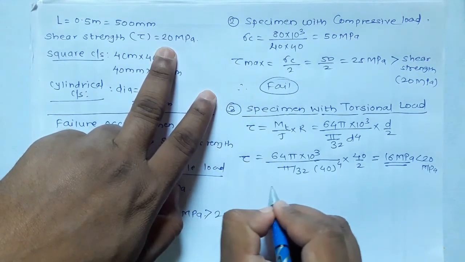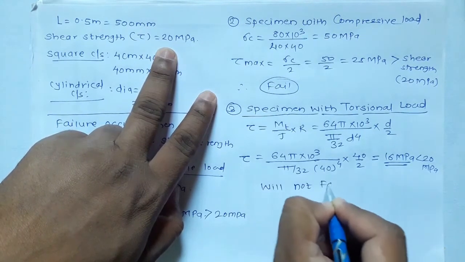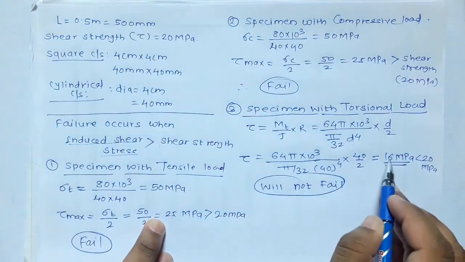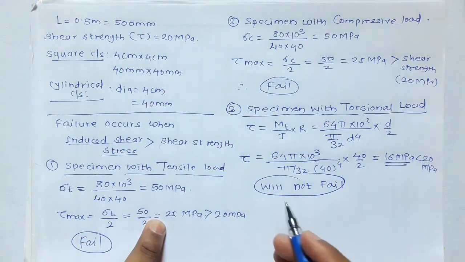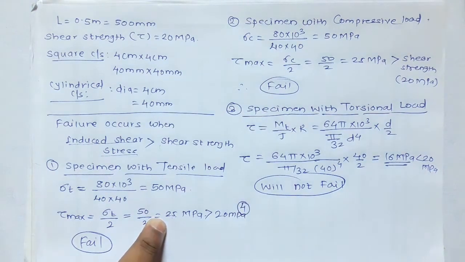Therefore this specimen will not fail. This specimen will not fail under torsional load, as the induced shear stress is less than shear strength, that is 20 megapascal. Now similarly, check the fourth specimen.